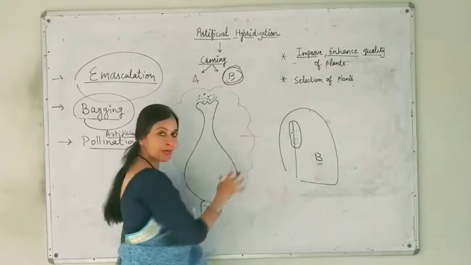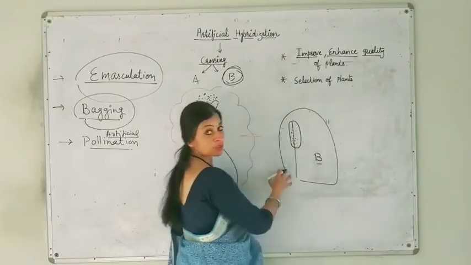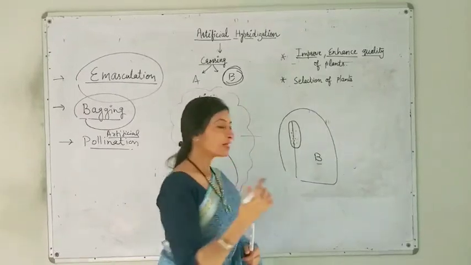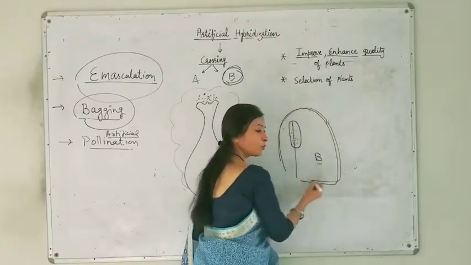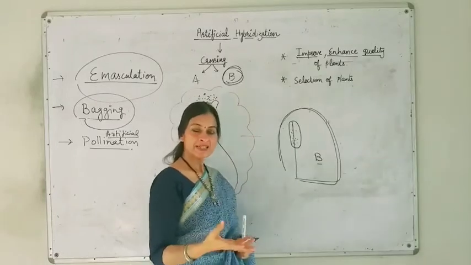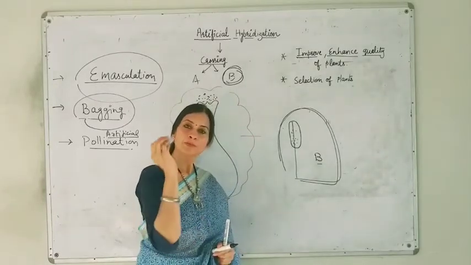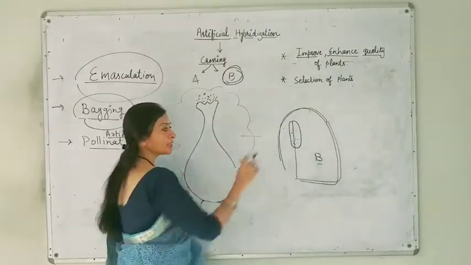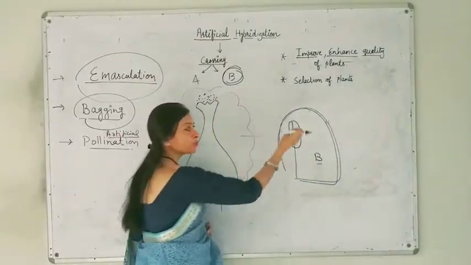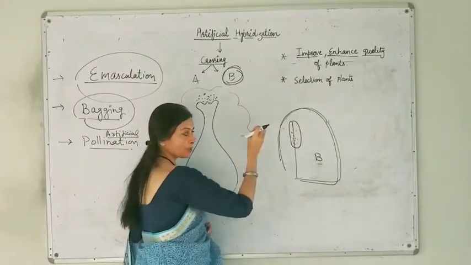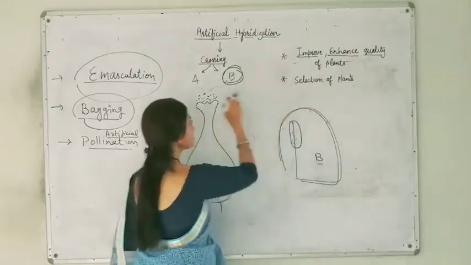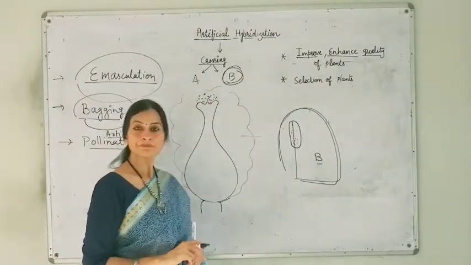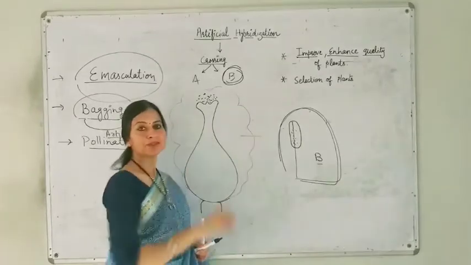When we cover this plant with a bag, the anthers are also covered with a bag, so that when dehiscence takes place, the pollen is collected in the bag. After dehiscence, we have collected the pollen in that bag. Then we can dust those collected pollens from this bag. The pollens are from the B plant, and they will be dusted over the surface of the stigma of the A plant.